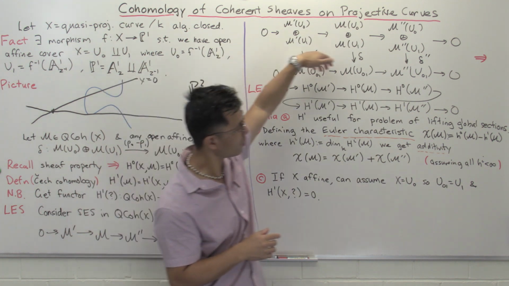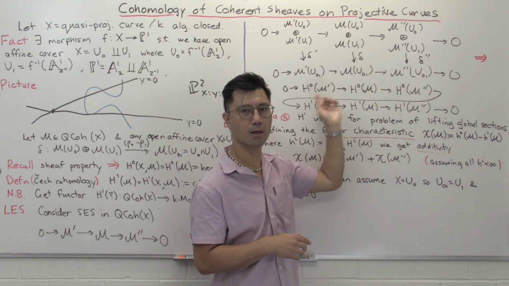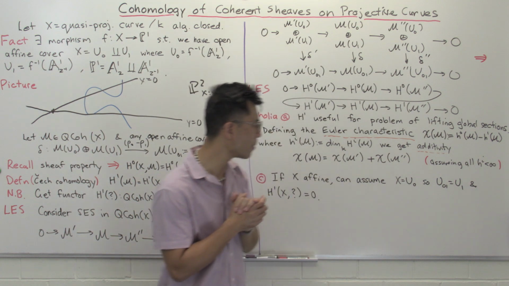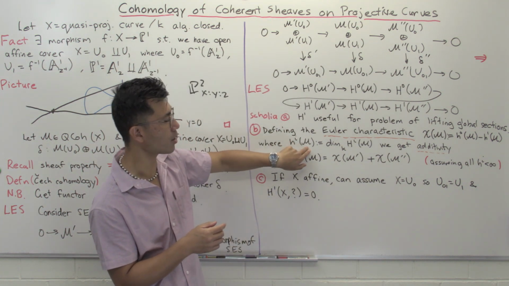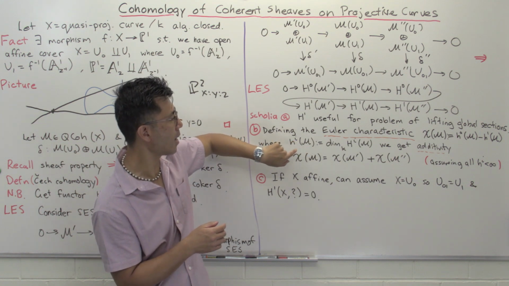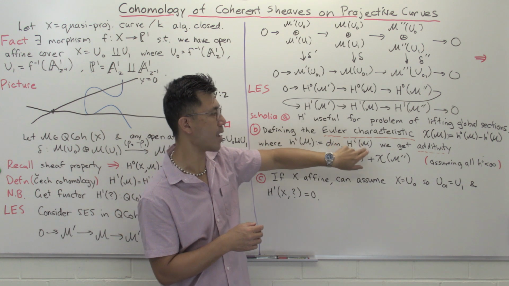So I guess in general, one thing you want to know is what are the dimensions of these global sections, the spaces of global sections. So more generally, given a quasi-coherent sheaf M here, you denote little h^i to be the dimension of H^i(M).